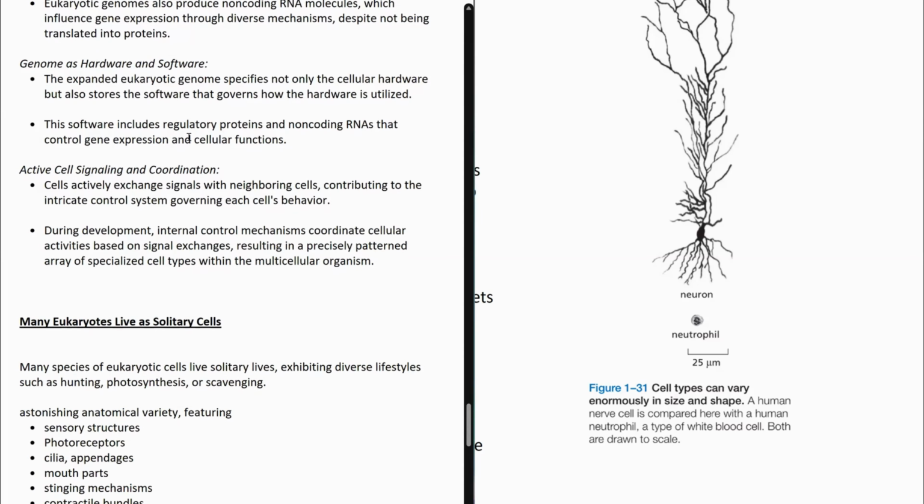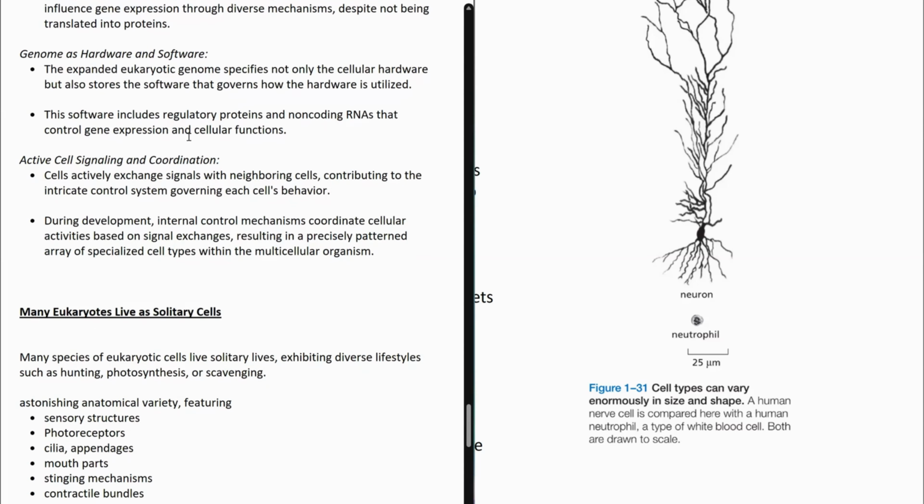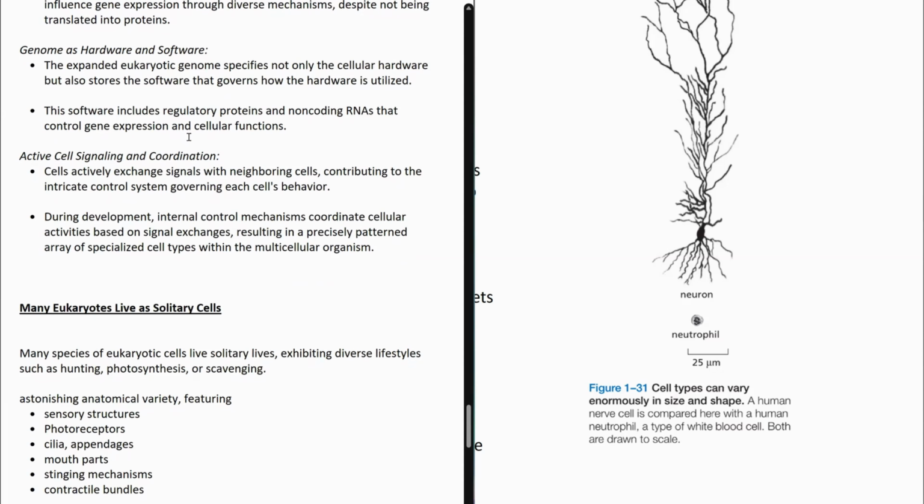One thing that's interesting that the book mentions is the genome as hardware and software. The eukaryotic genome not only stores cellular hardware, but also the software that governs how the hardware is utilized.